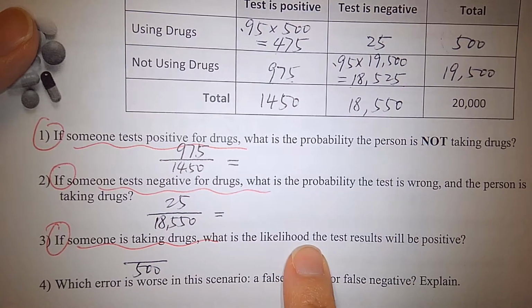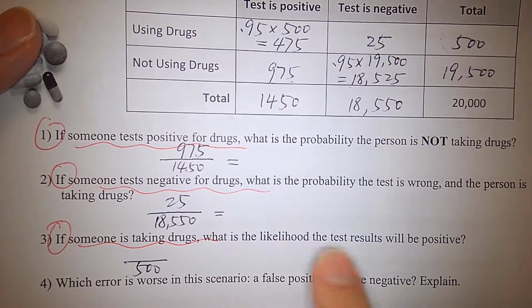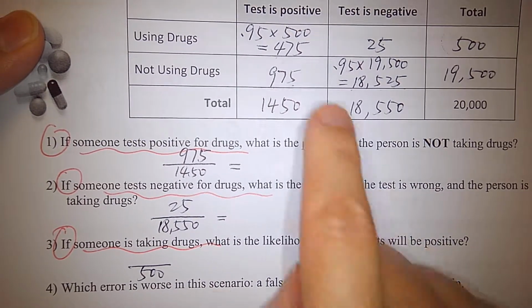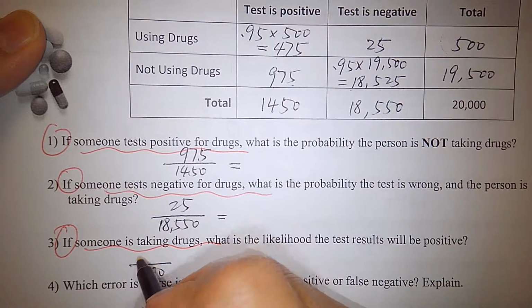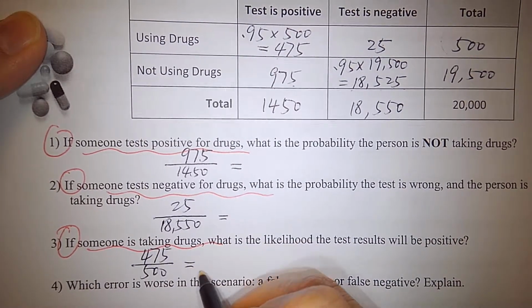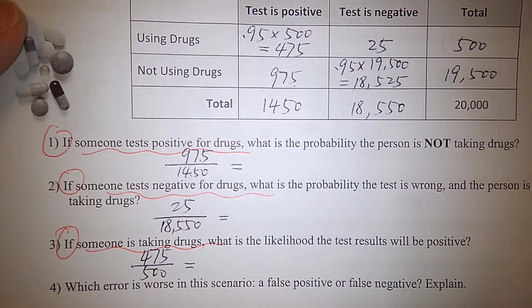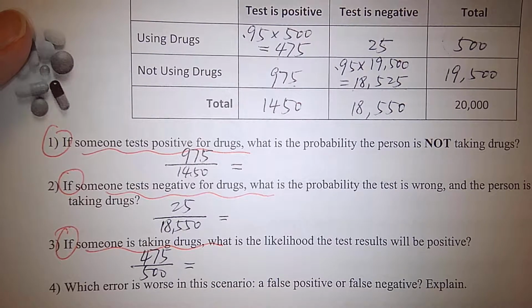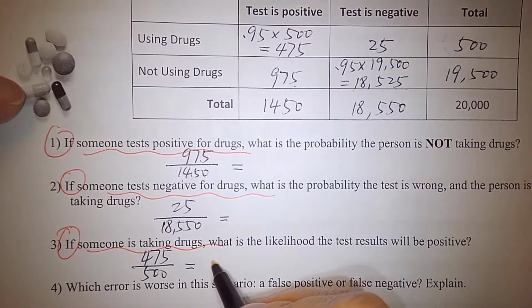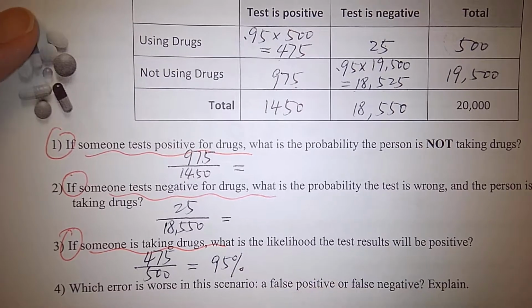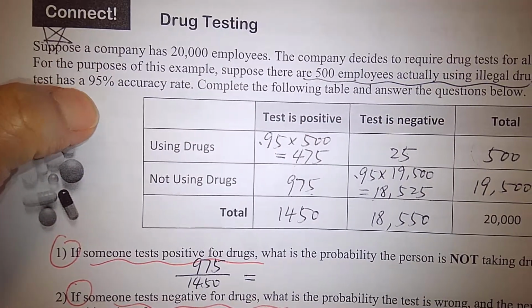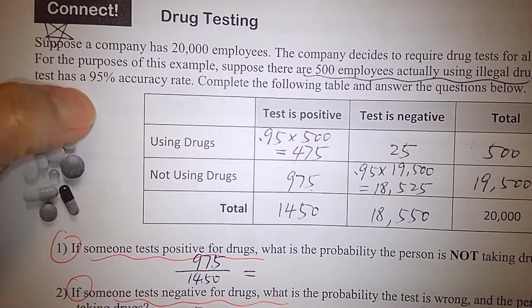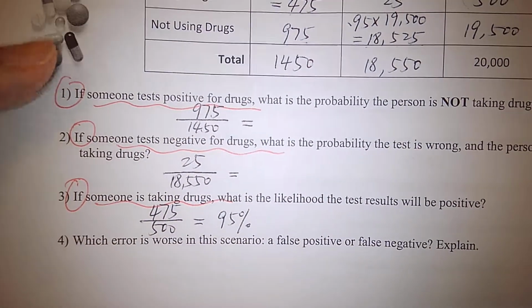What is the probability the test result will be positive? 475, right? So 475 out of 500, we should get what? 95%. And what is 95%? This is the given accuracy rate, right? So 95%.